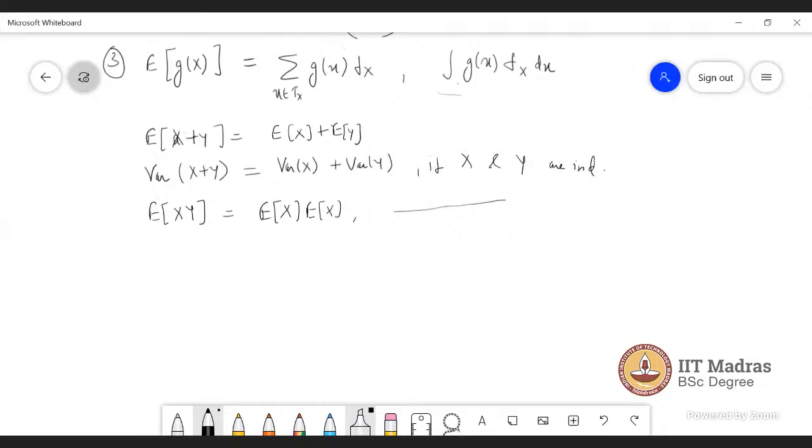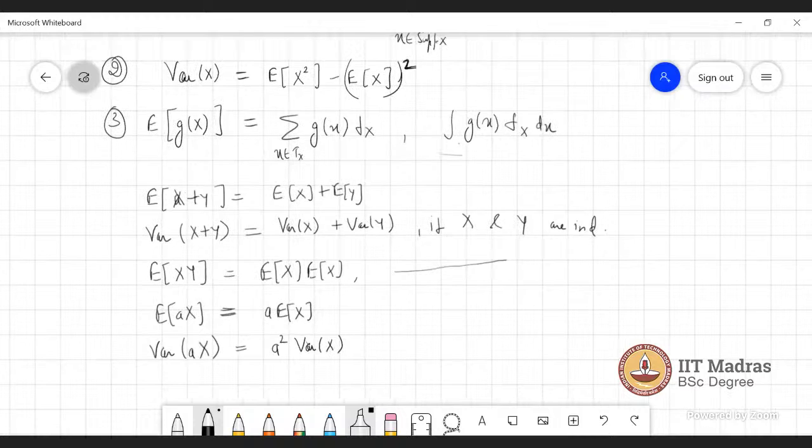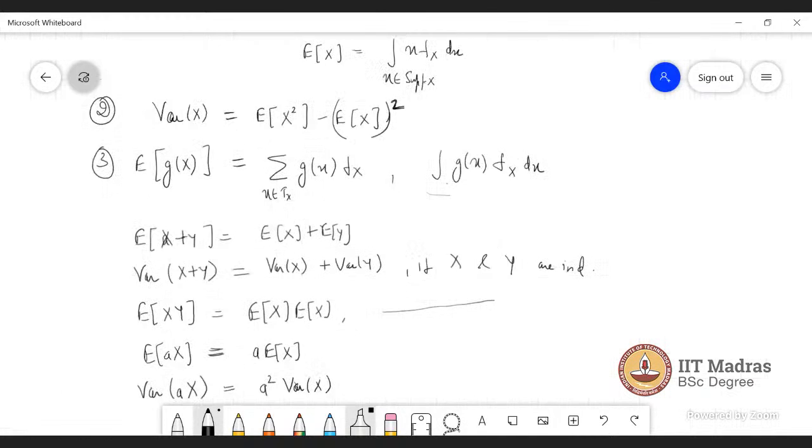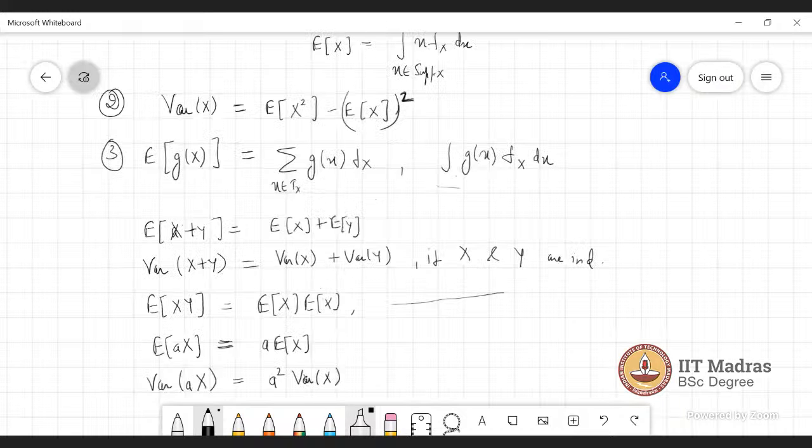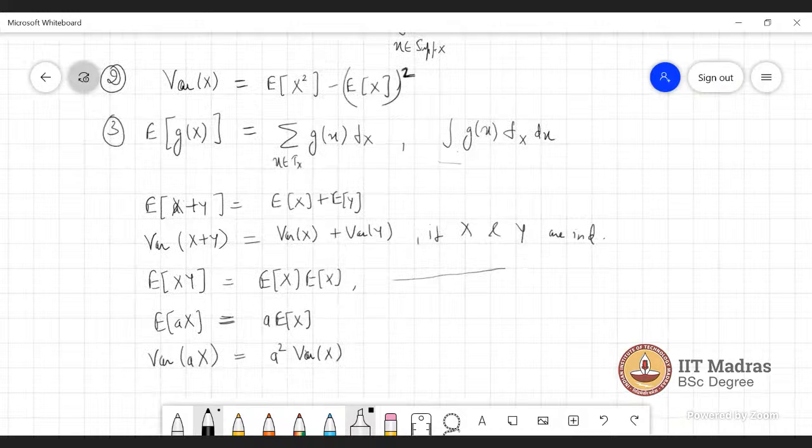Expectation of a times X comes out to be a times expectation of X, and variance of a times X comes out to be a square times variance of X. These are the only things you should keep in mind, the formulas you are going to use for expectation and variance. You won't need anything else.